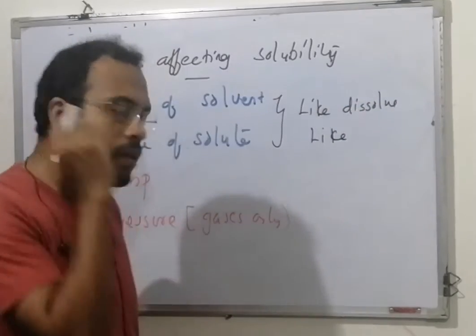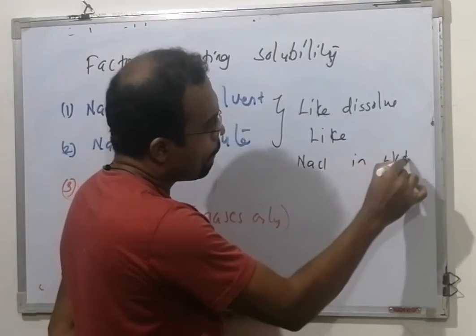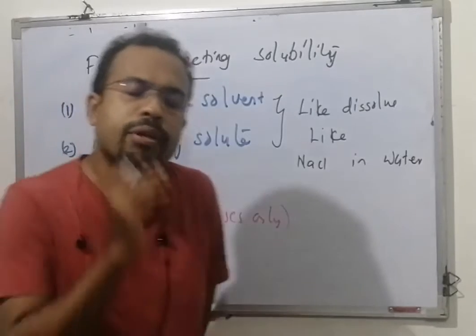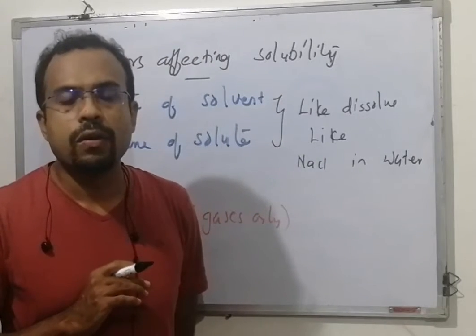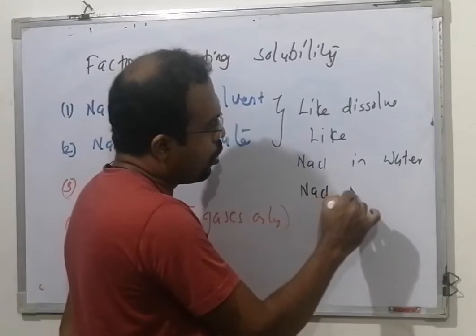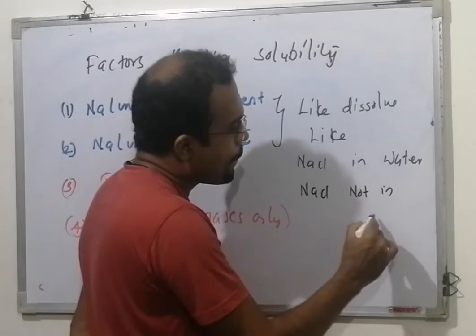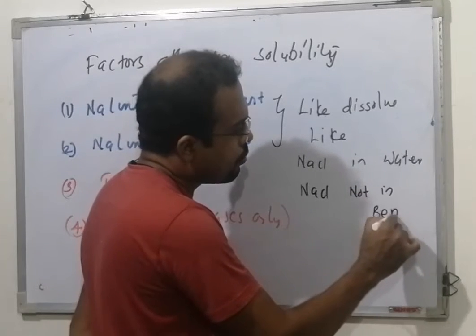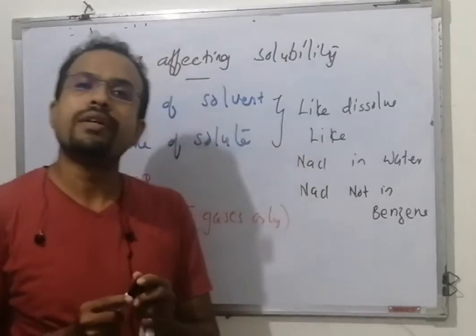What is the meaning? Sodium chloride can be dissolved in water. But sodium chloride cannot be dissolved in benzene. Benzene is a solvent.